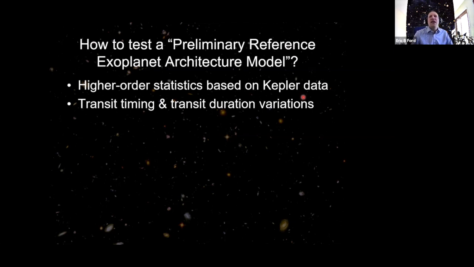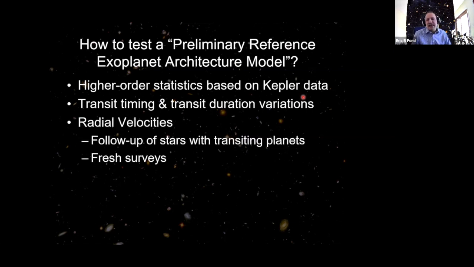But the one I thought I'd emphasize today is radial velocity surveys, because obviously they're the other big piece of information we have. Traditionally, they've been difficult to interpret because astronomers like to chase shiny objects. But as we start to have an increasing number of planets, it's more and more realistic to look at things like, could we do a systematic follow-up program?